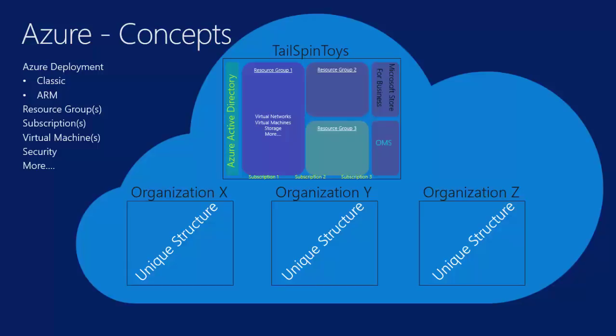And ConfigMgr, the components I mentioned, the Cloud Distribution Point and the Cloud Management Gateway, have been updated to support this ARM-based deployment model. So right now in 18.10, you can choose Classic and ARM as you go through these pieces, as you'll see as we go along, right? But ARM, Azure Resource Manager, is the preferred way to do deployments, right?